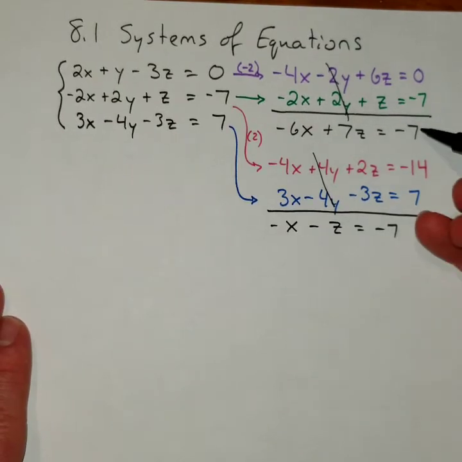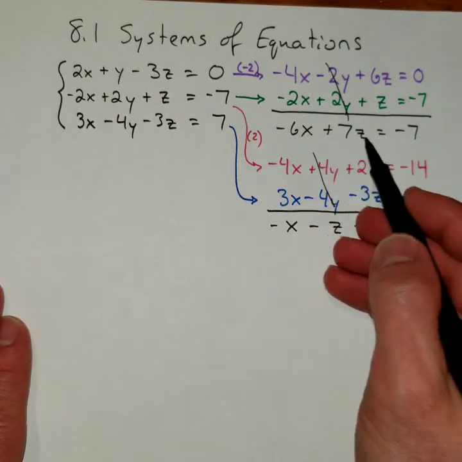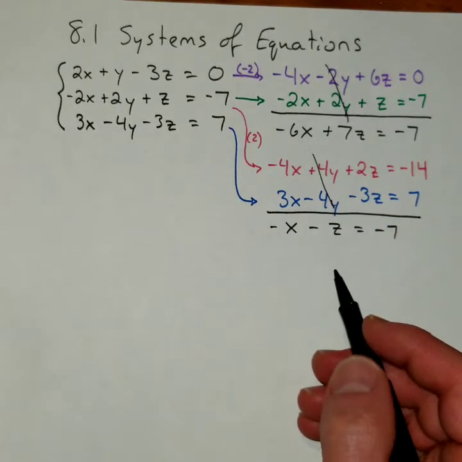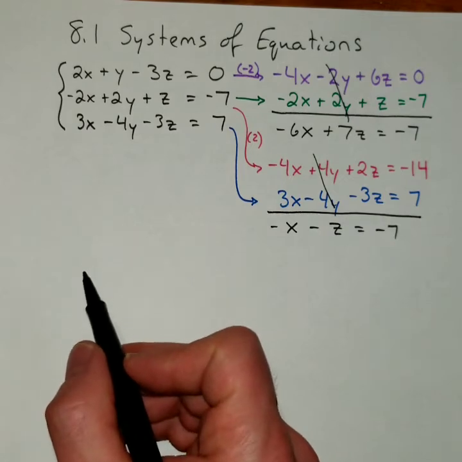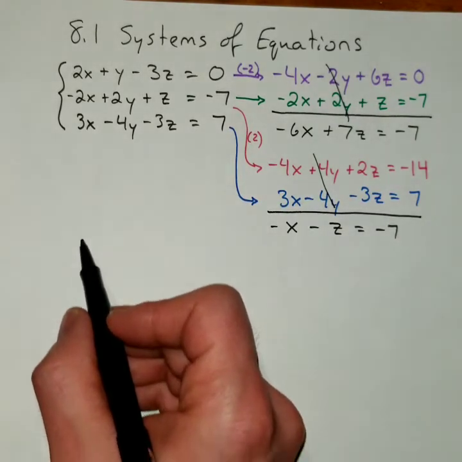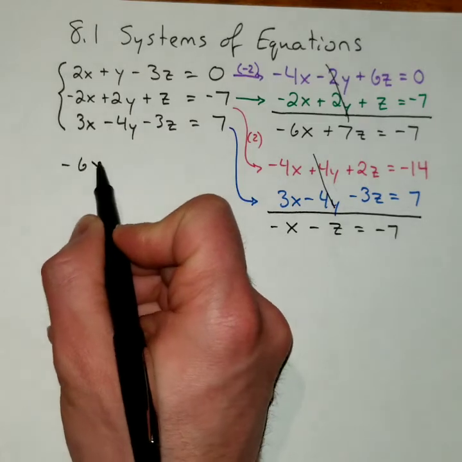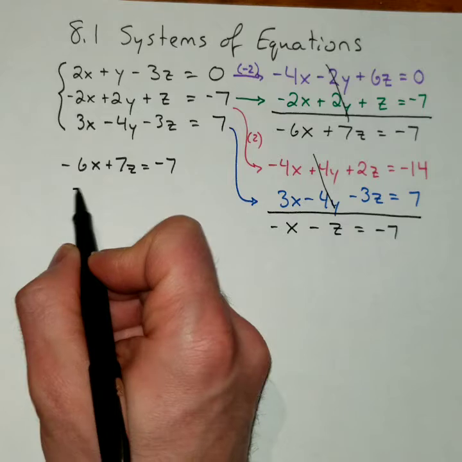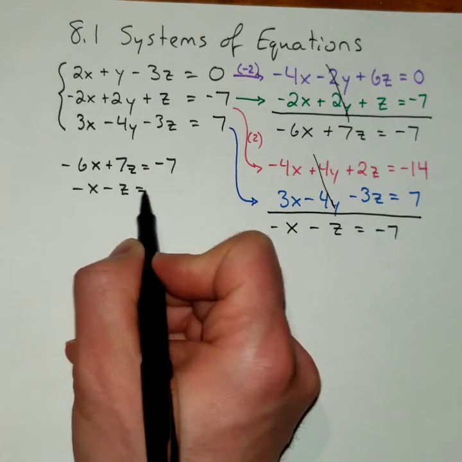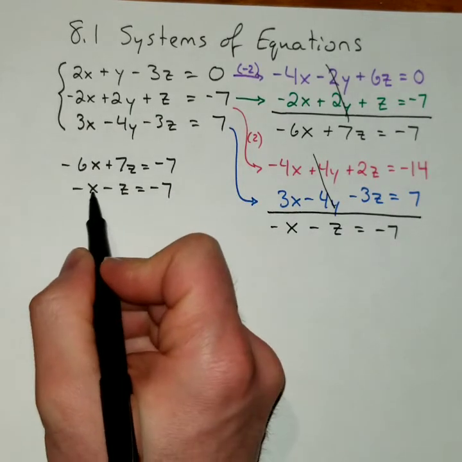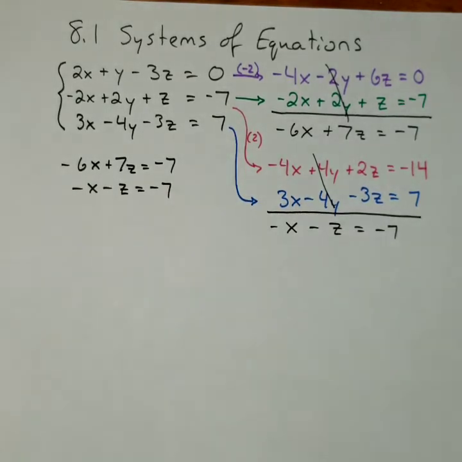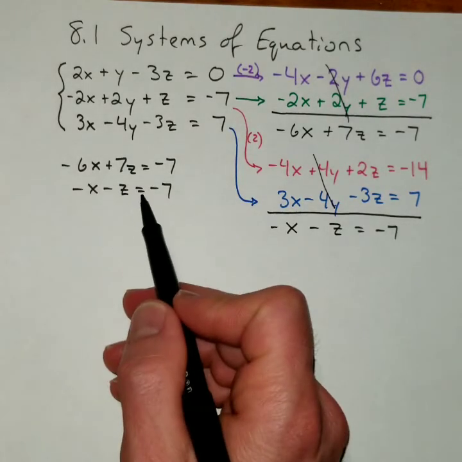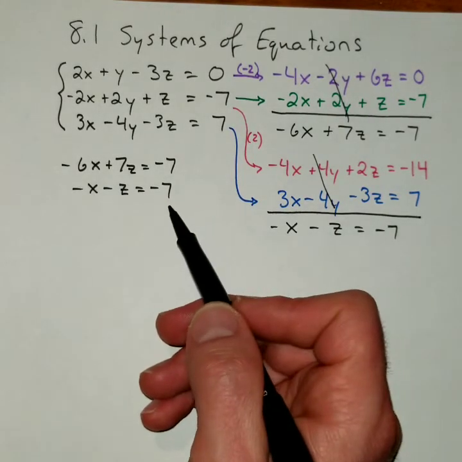So now I have 2 equations, both with 2 variables, and it's the same 2 variables, both x and z. So I'm going to take those off to the side here, create a system. Let's do -6x plus 7z equals -7, and then -x minus z equals -7. Now again, I want to use elimination and eliminate one of these 2 variables. Doesn't really matter which one.